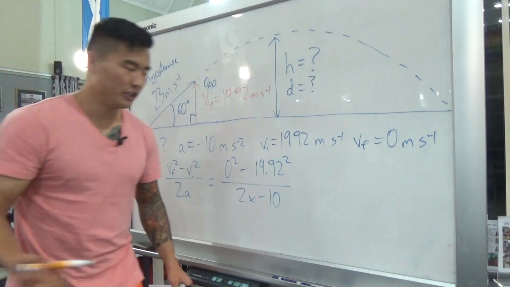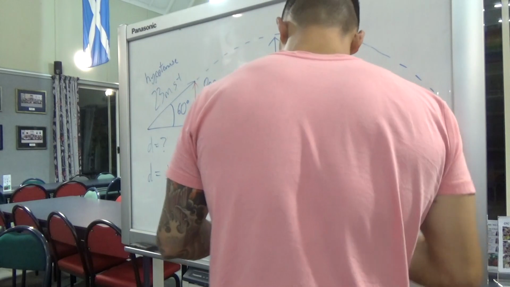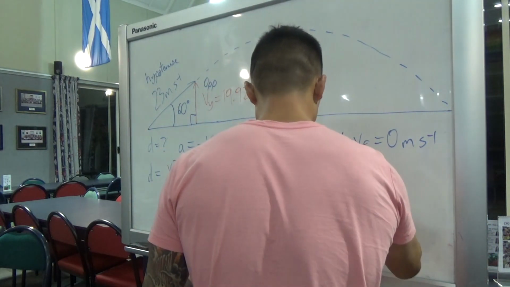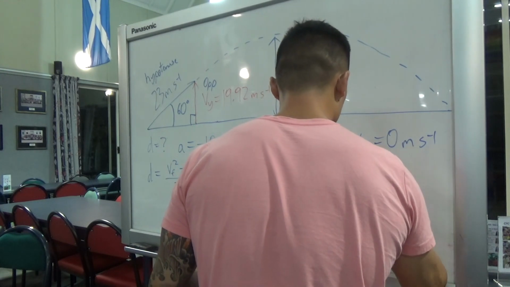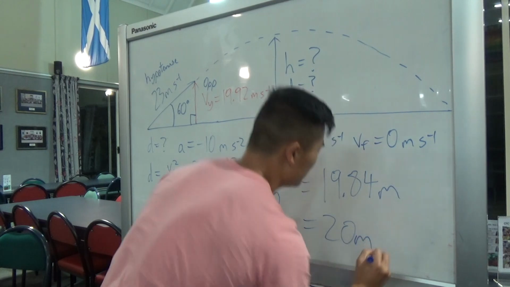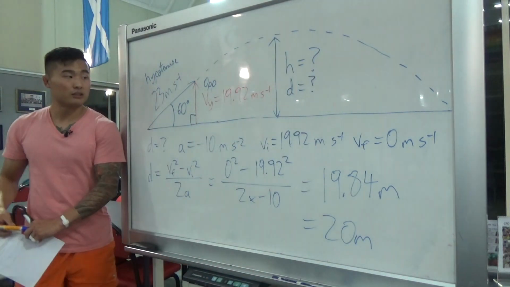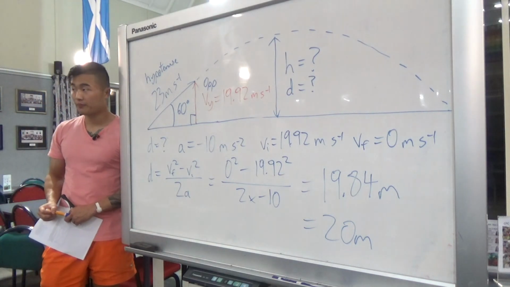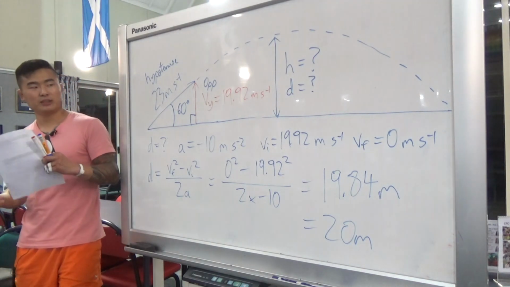I've just put it in there so you guys don't get confused. And if you do that in your calculator, you should get an answer of 19.84 meters, which is just 20 meters. Okay, so that was a bit more complicated.